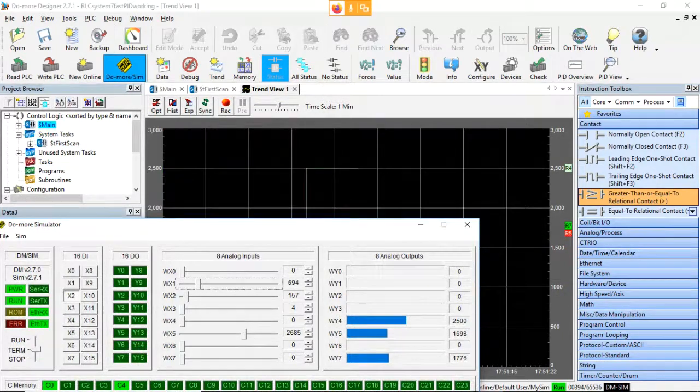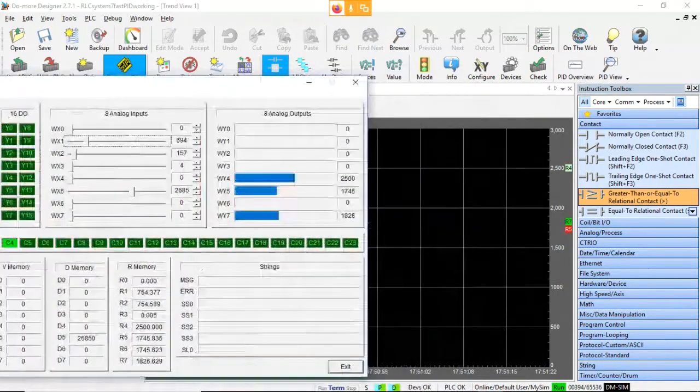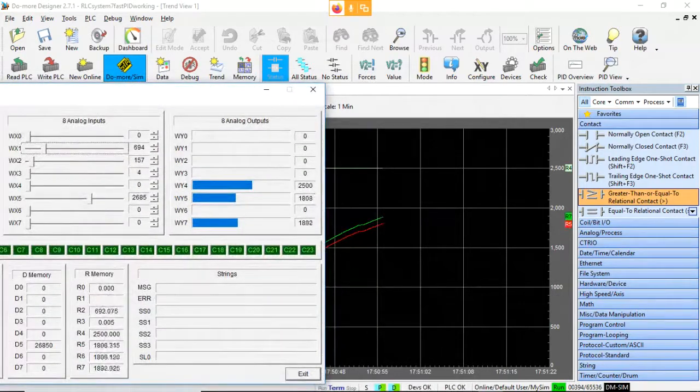I was trying to push it too hard and it couldn't do it. But you can experiment with these various different gains. Okay, there it goes. It was off the screen.